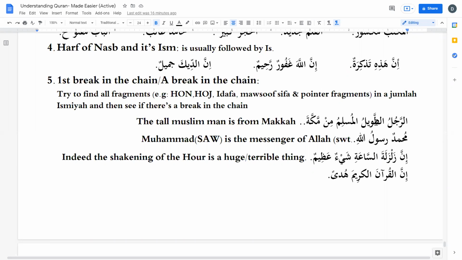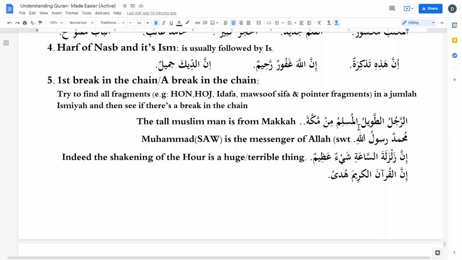Do you see four properties matching? Al, rajulu, proper with al, and rafa, singular, both are, yes, you are right. Mawsuf sifa. So ar-rajulu at-tawilu is mawsuf sifa.